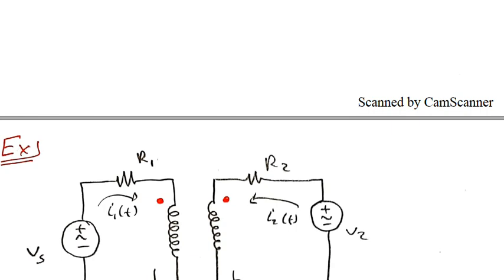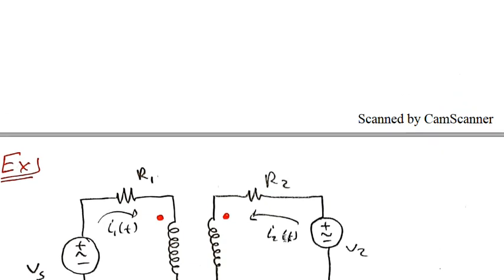Also, we have one more example. I think, yeah, it is ready here, but I will hide. Okay, this is our current. This is our coil. As you can see, the current is entering. The mutual dot must have positive at the bottom, negative. If we want to decide the polarity of this branch, we need to check the secondary part.